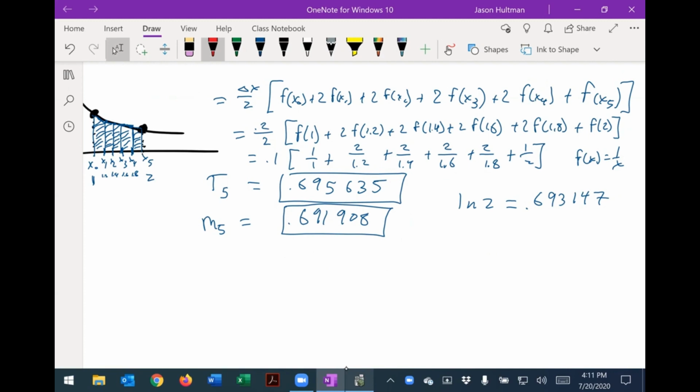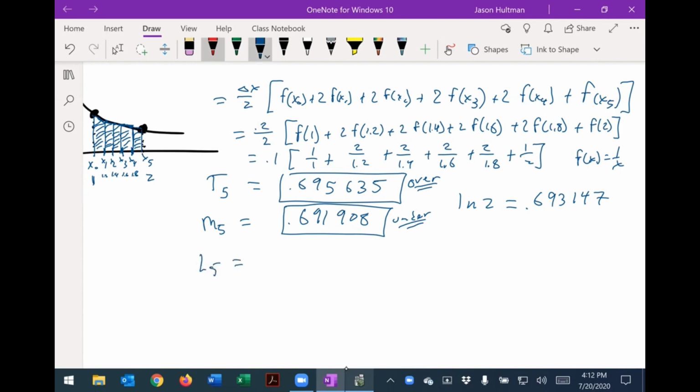So what is this? This is an overestimate for the trapezoidal rule and an underestimate for the midpoint rule, but it's much better than the over and under that we got for the rectangles. Let's look back. What was L sub 5?